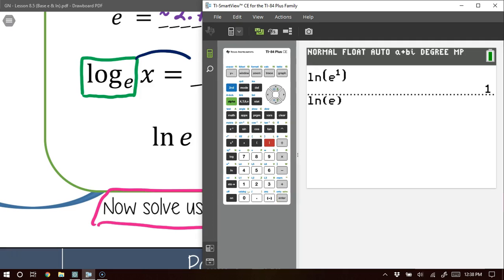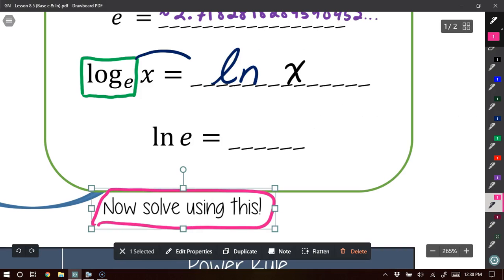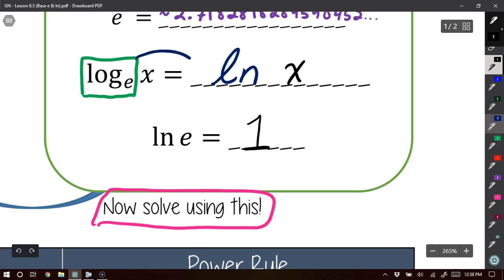The natural log of e is 1. And that should, if we just take a moment and not get hung up on the fact that it's this ln, log base e of e equals some power.